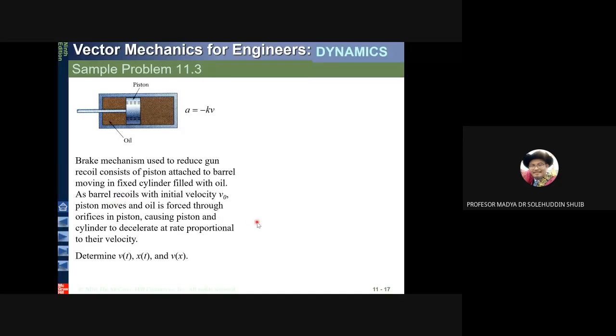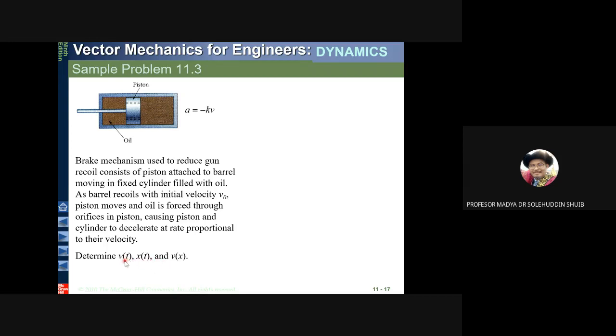As the barrel recoils with initial velocity v dot, the piston moves and oil is forced through an orifice in the piston, causing the piston and cylinder to decelerate at a rate proportional to their velocity. So in this problem, we have to find the velocity, to find x(t) and v(x).